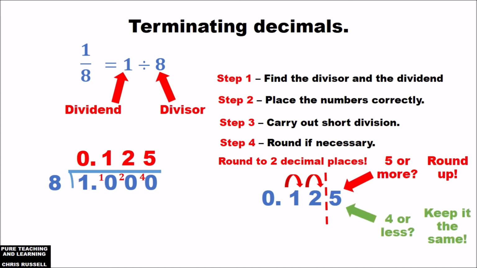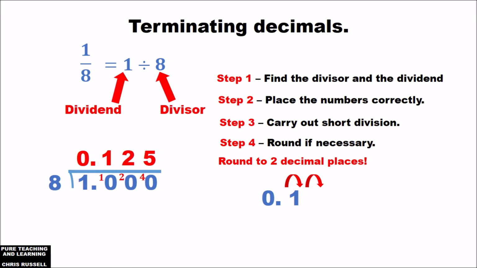If it's 4 or less, we keep it the same. In this case, it's 5 or more, so we have to round up. So we round up that 2 to 3, and now we have 0.13, which is 0.125 to 2 decimal places.